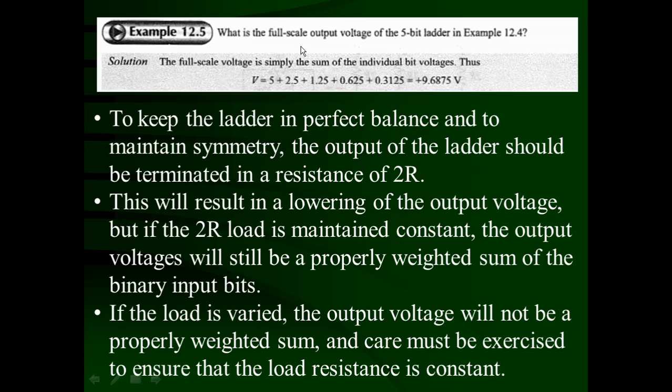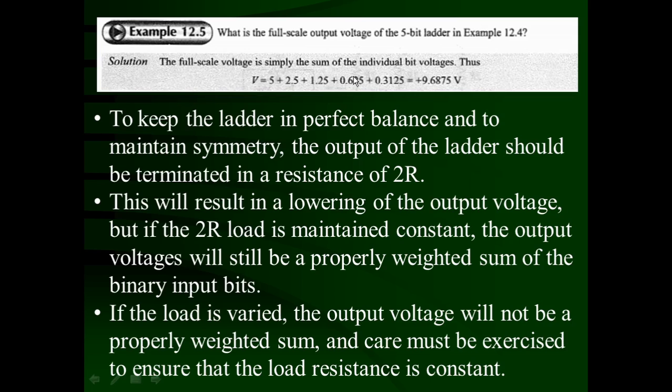What is the full scale output voltage of a 5-bit ladder in example 12.4? The full scale voltage is simply the sum of the individual bit voltages contributed. The MSB will contribute V by 2, that is 5 volt. The second MSB will contribute V by 4, that is 2.5 volt. The third MSB will contribute V by 8, that is 1.25 volt.